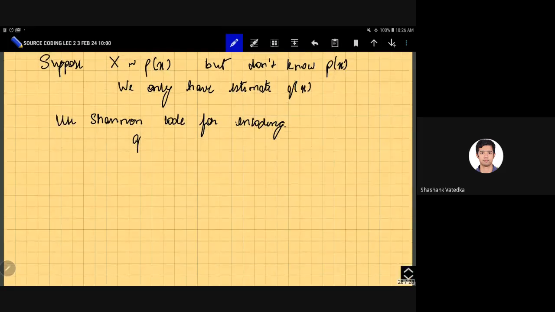So corresponding to symbol x, we would choose the length of the code word to be ceil of log 1 over q of x. This would be the length of the code word corresponding to symbol x.